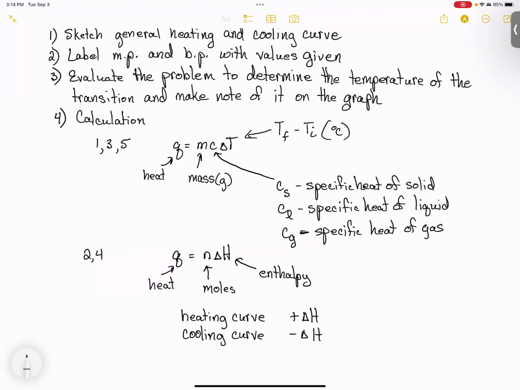Because if you do T final minus T initial in steps 1, 3, and 5, it'll automatically tell you whether it's positive or negative. It will give you the correct value. But in steps 2 and 4, you have to remember, are you dealing with heating or are you dealing with cooling? So you know what sign the enthalpy should have.